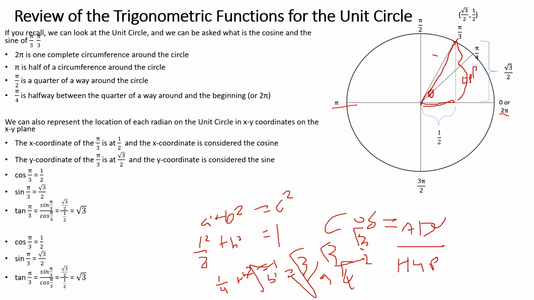So this is 1/2, and this is the adjacent. This is the opposite, and that opposite is the sine, square root of 3 over 2. So basically, my x's are my cosines, and my y-axis is my sine. So nothing we haven't done before.